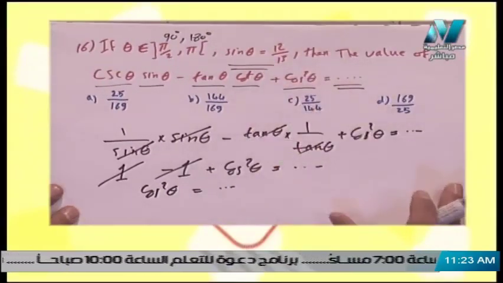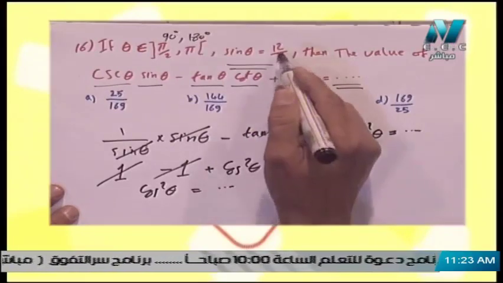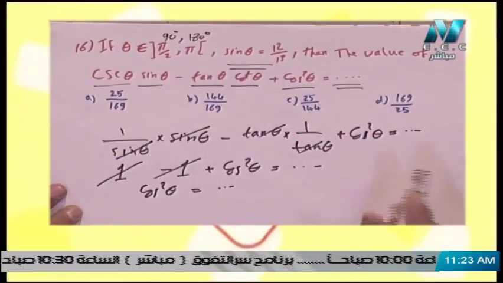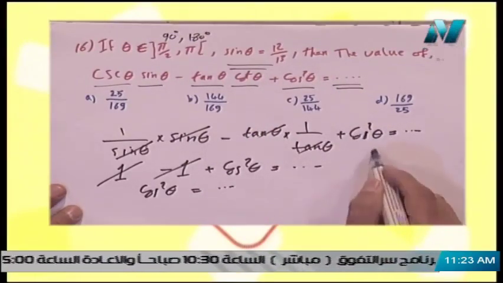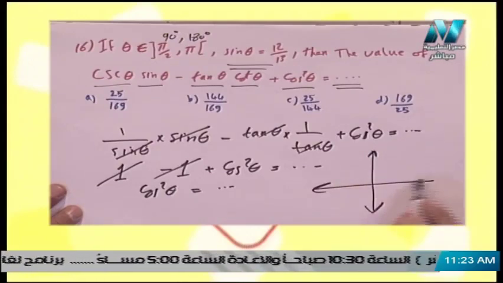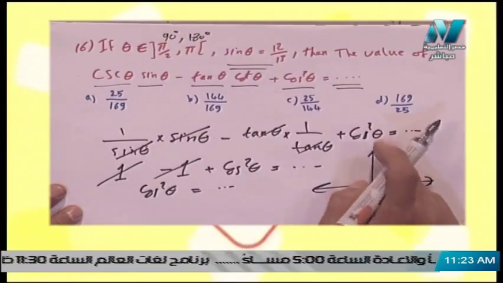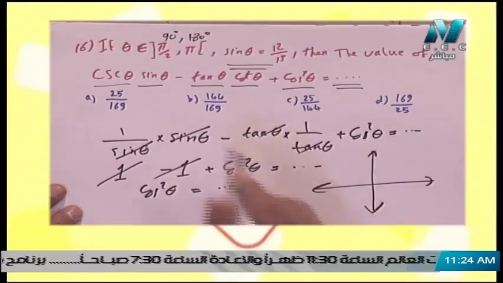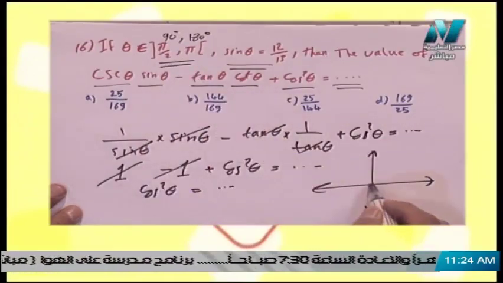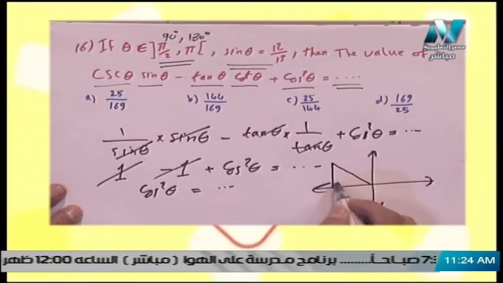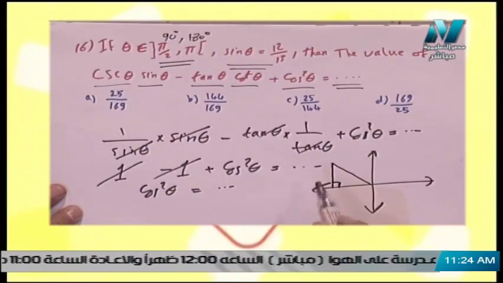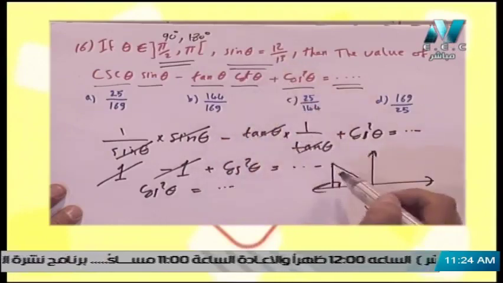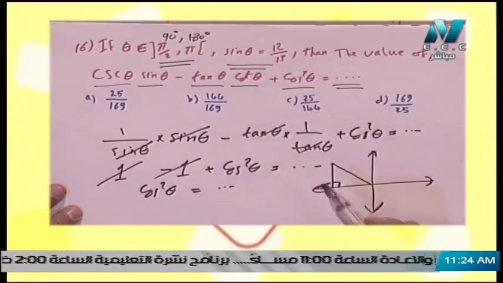We have here sine theta 12 over 13, and we have the quadrants, the first quadrant between 0 and 90, the second between 90 and 180, and this is the one. So we'll draw a right angle triangle like this, and sine theta is positive here and equal to 12 over 13.